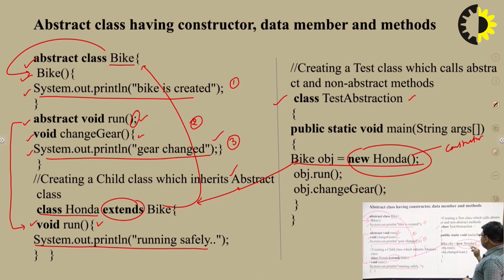Then this object's value is assigned to the abstract class variable obj, and this obj will call the run method. The run method is provided by the derived class, and this will be called, and also the non-abstract methods inside an abstract class.